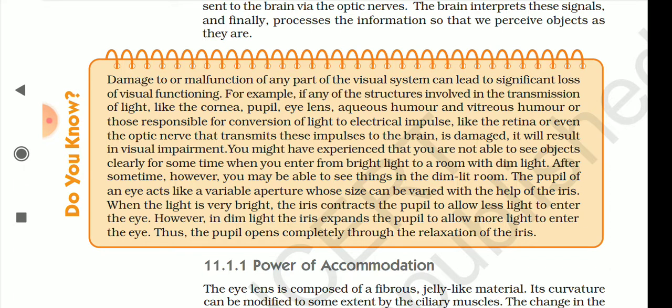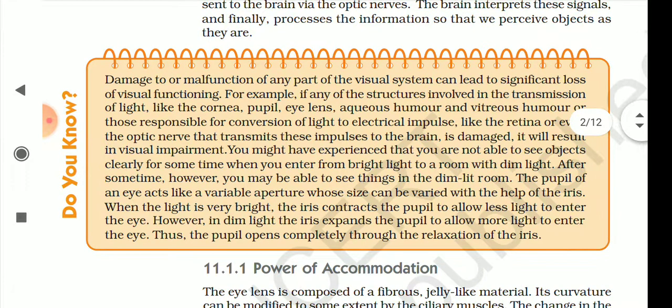Okay. If any of the structures involved in the transmission of light, like the cornea, pupil, eyelids, aqueous humor and vitreous humor, what was vitreous humor and aqueous humor? That was the liquid portion filled in the eye. We can feel that our eye is always wet, whenever we touch the white or black portion with our fingers. So the vitreous humor and aqueous humor are liquid filled materials.